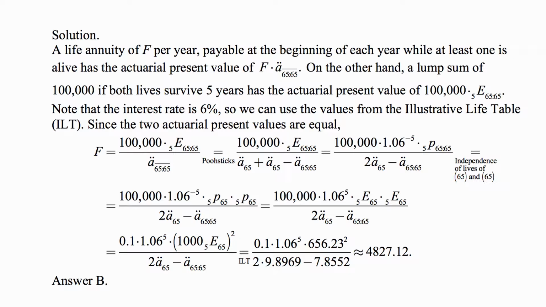But if it were a million, then it would be 1,000 times 1,000, so we could take each 1,000 and multiply it by 5E65, and we would have it twice, so we would just have a square of it. So, well, what do we need to multiply a million by to get 100,000? 0.1. So we just write it as 0.1 times 1.06 to the fifth times (1,000 5E65) squared, and at the bottom we have 2ä 65 minus ä 65:65. All of these things are now in the illustrative life table. We plug them in, we do the calculation, and we end up with 4,827.12 approximately, which is answer B.